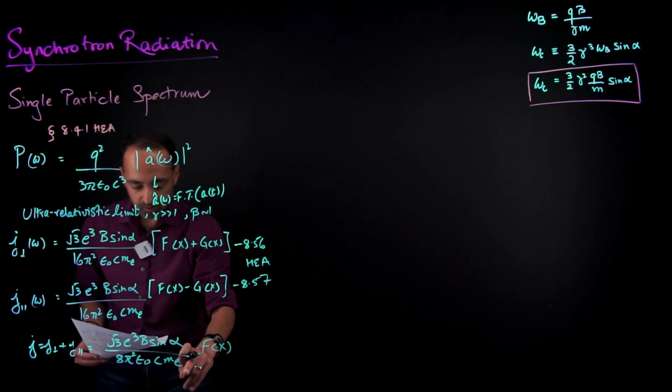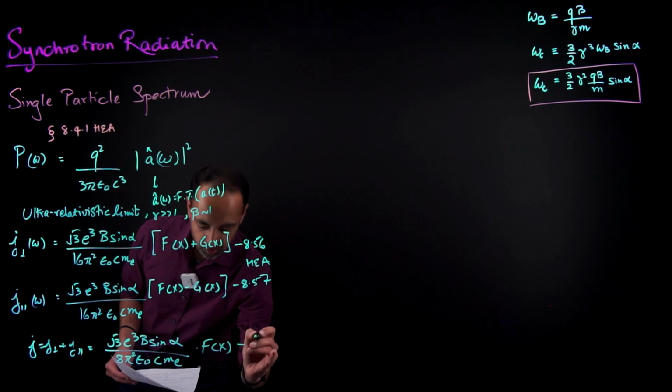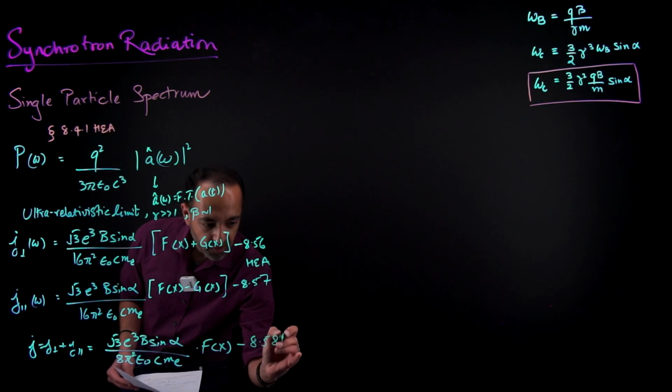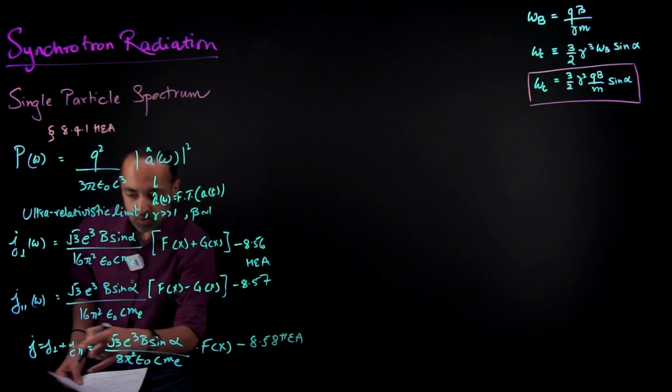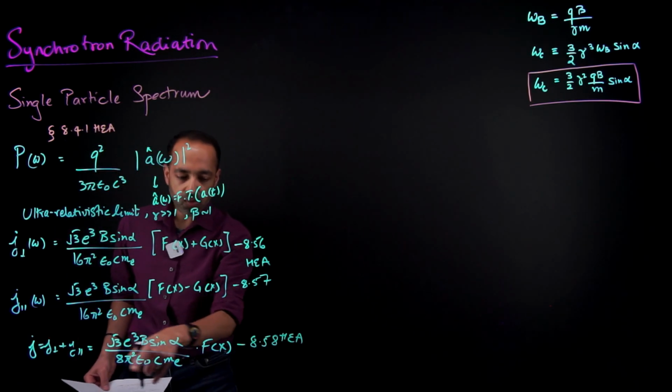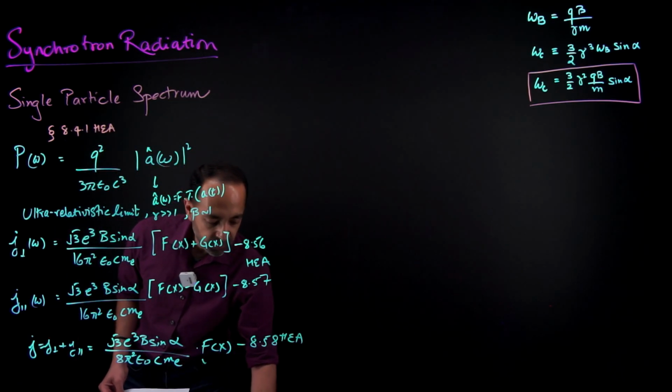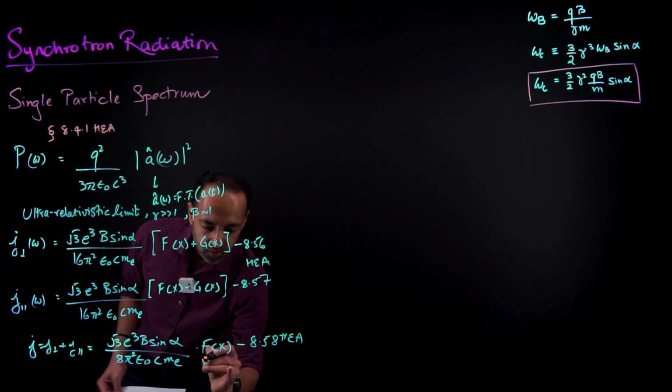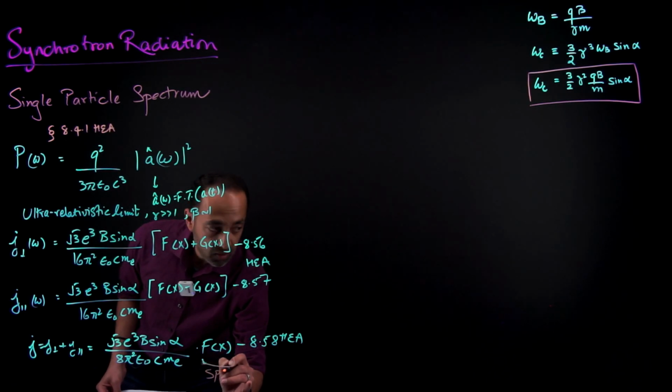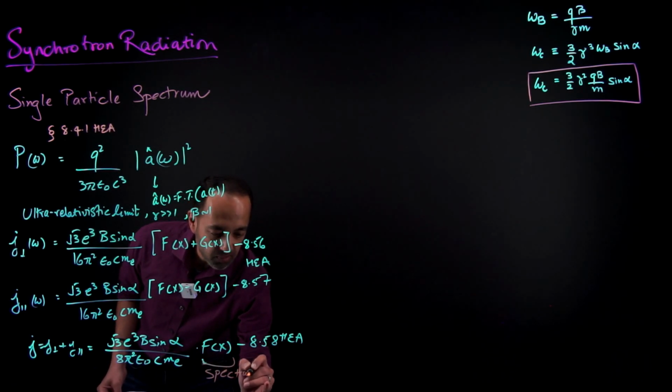This is equation 8.58 of High Energy Astrophysics, the actual total radiation power, and this thing is the spectrum. This contains the information about the spectrum.